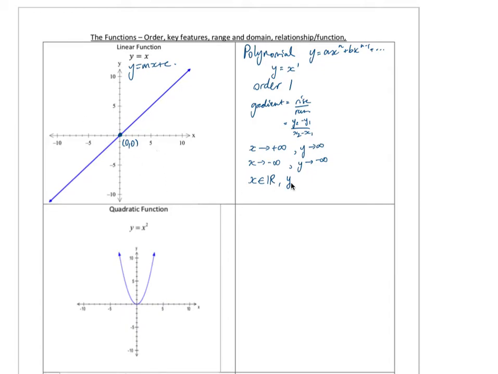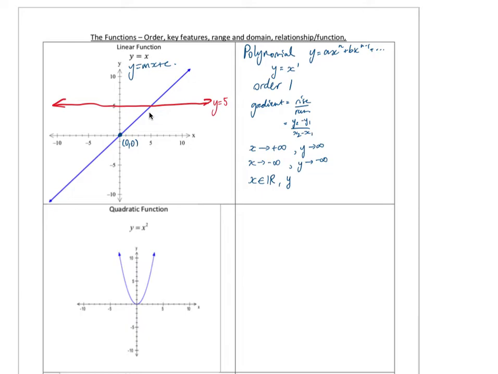The only case in which y isn't all reals is when we've got a straight horizontal line, say for instance y is equal to 5. We can see that the range here would only be 5, but that's the only special case for this. And I guess we can have a look at x is equal to something.